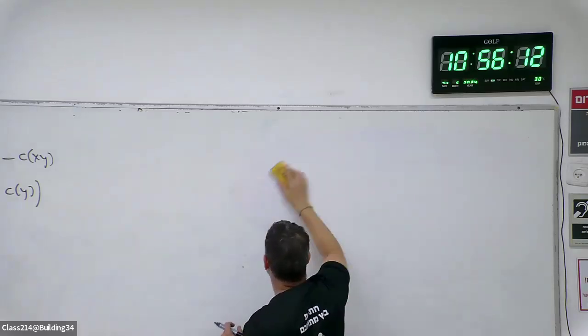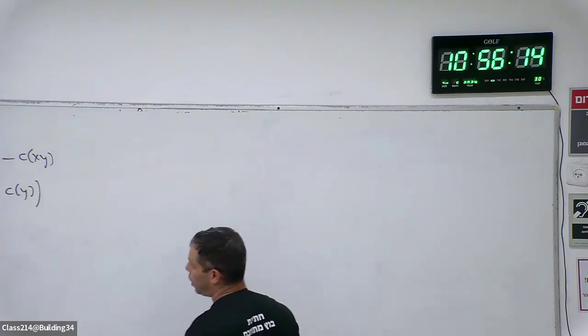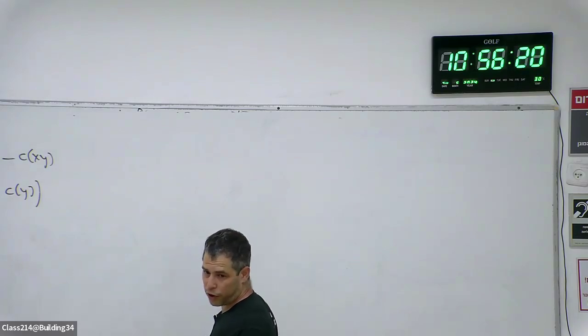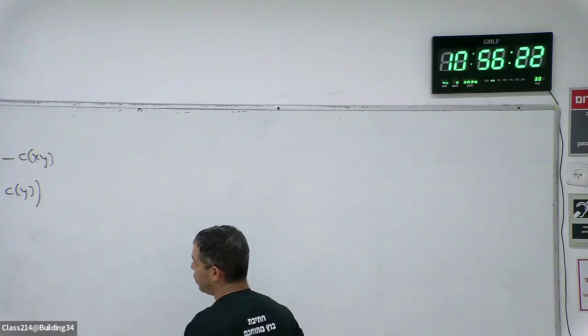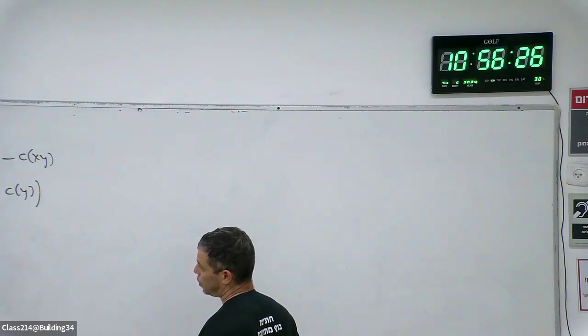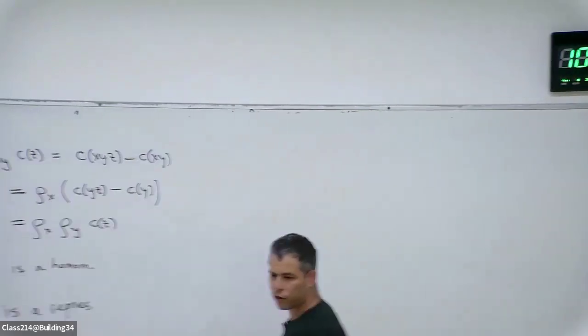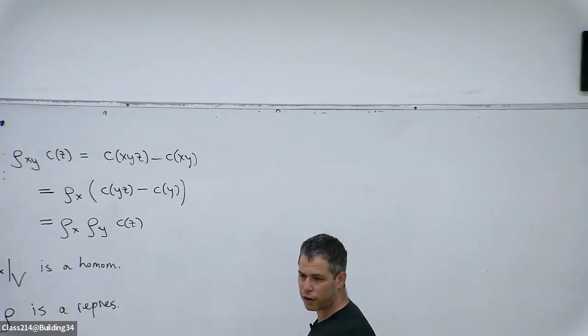Now, why is it unitary? What do we need to show that it's unitary? We need to show that it preserves inner products. Actually, what we need to show is that both rho and its inverse are isometries.